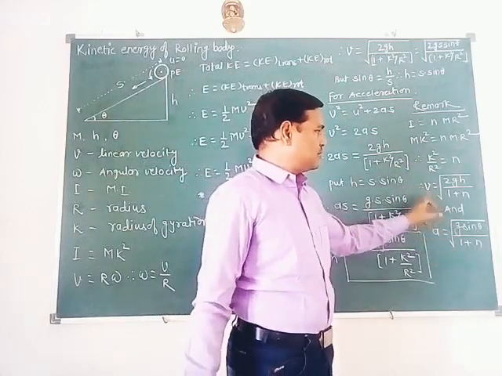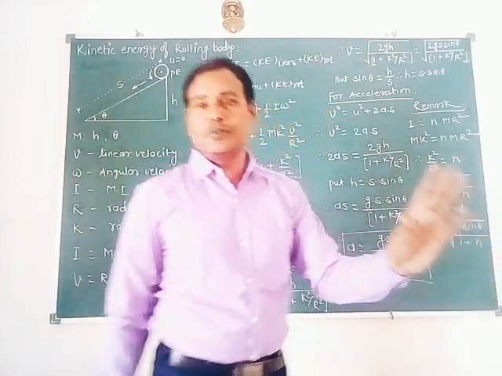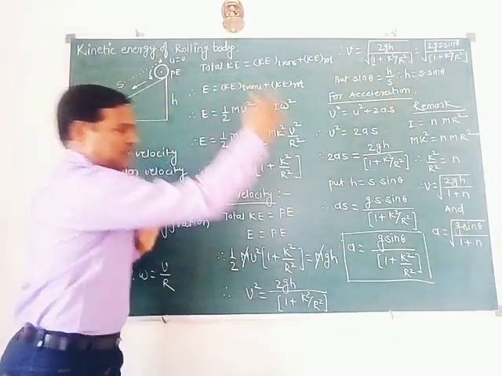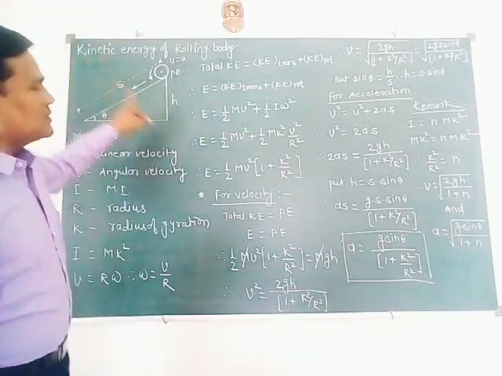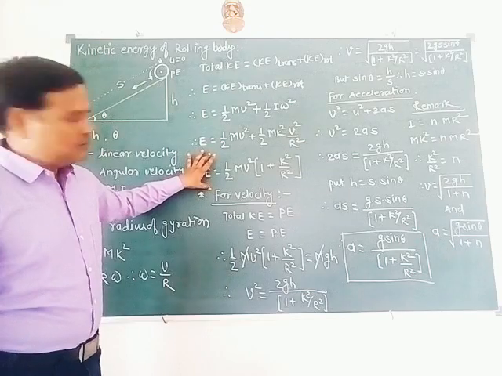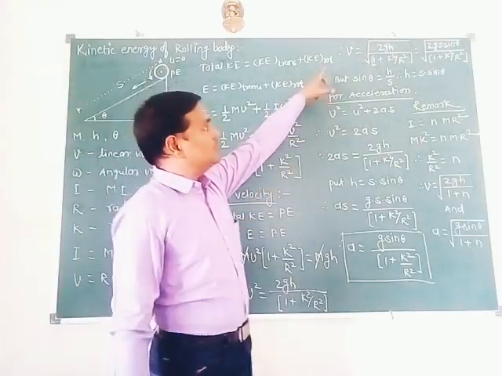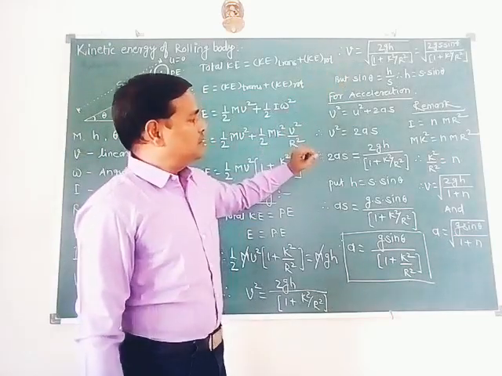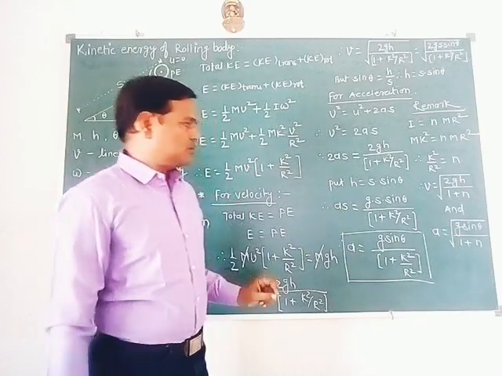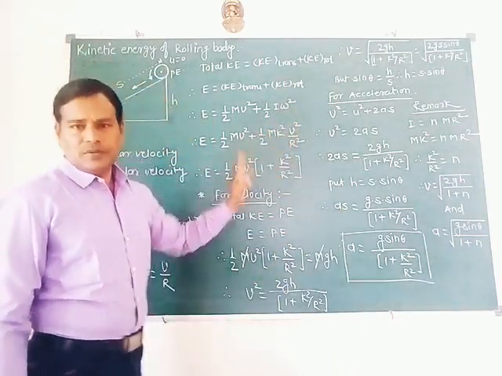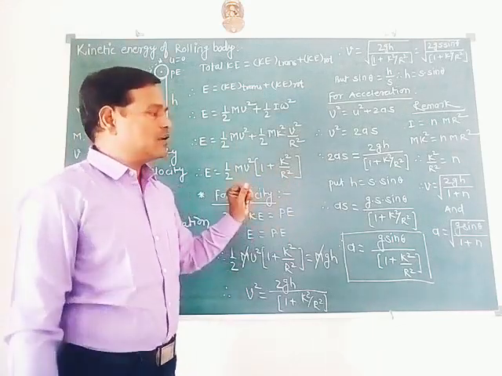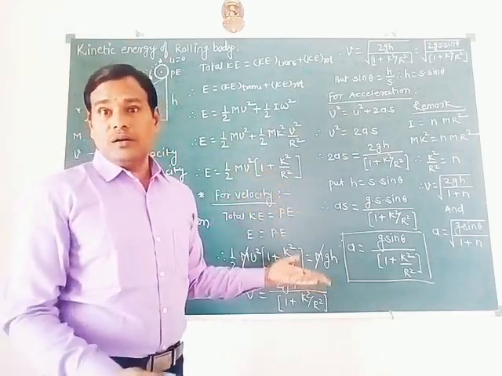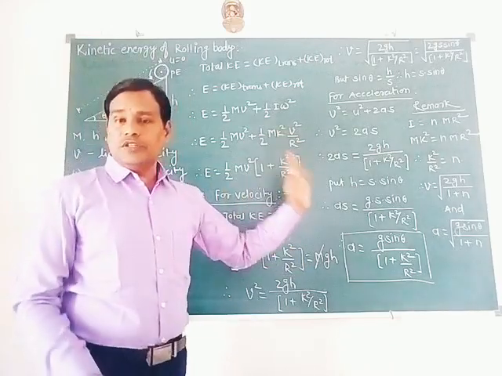Using the values we can find velocity and acceleration of the respective object. So this is the expression for first the kinetic energy of a rolling body, then velocity of that object and acceleration of the object. There may be questions for 2-3 marks on this article, and there may be numericals on any of these formulas.